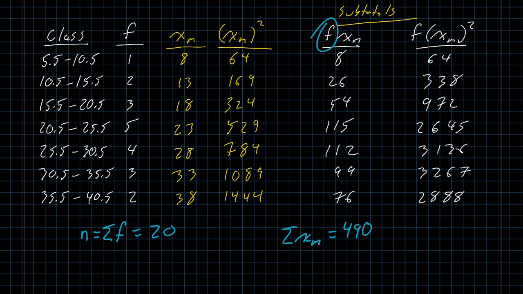And the sum of all of the xm squareds comes out at 13,310. All right. My favorite part of this whole process, now that we've gotten this far, is that we actually don't need any of the table anymore.